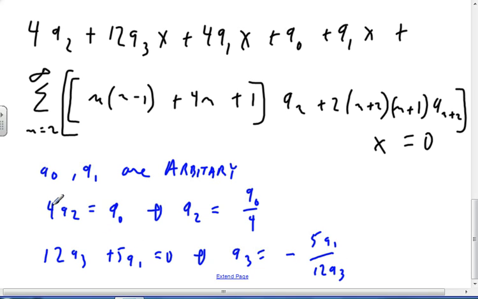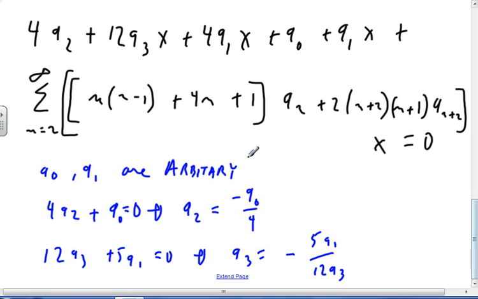Okay, I got 4a2 plus a0 is equal to 0. That's going to be minus a0 over 4.